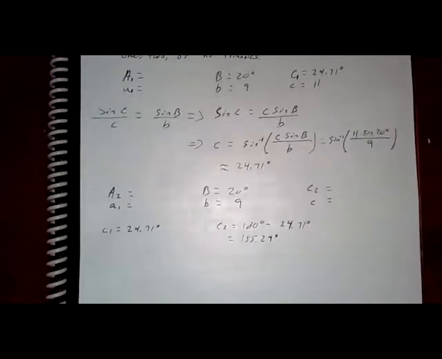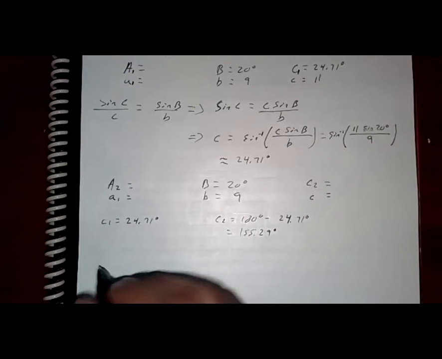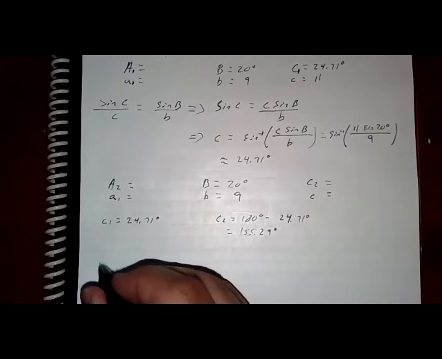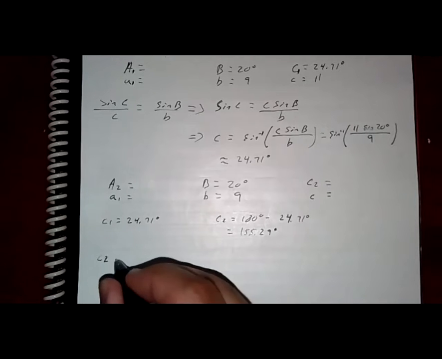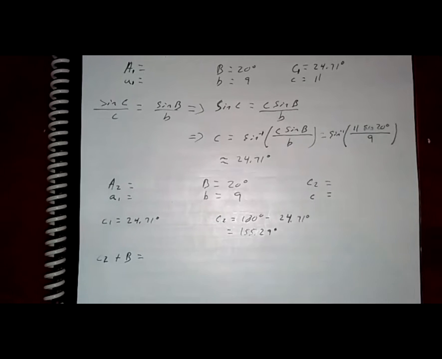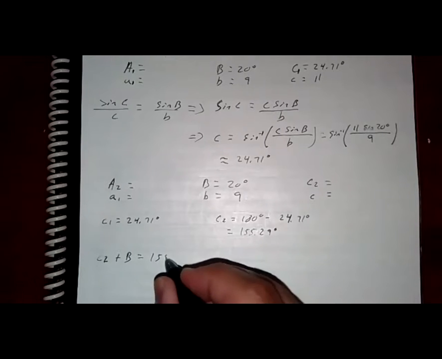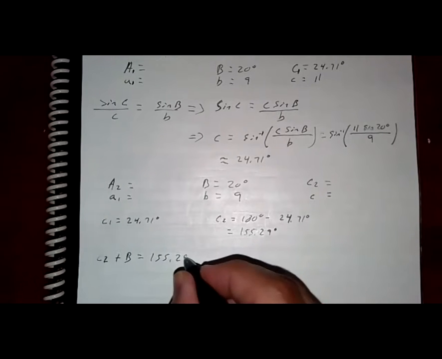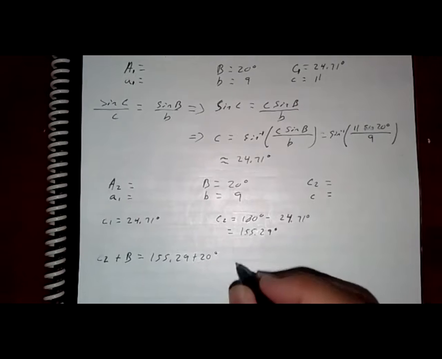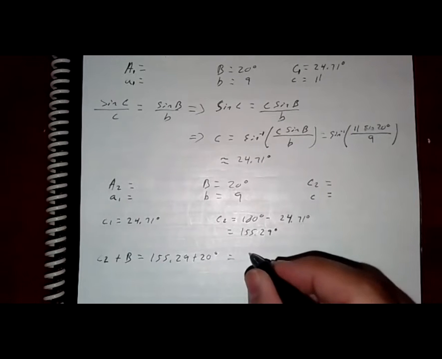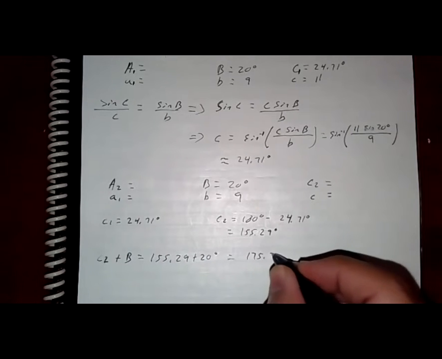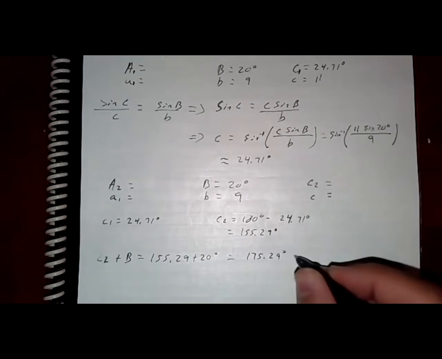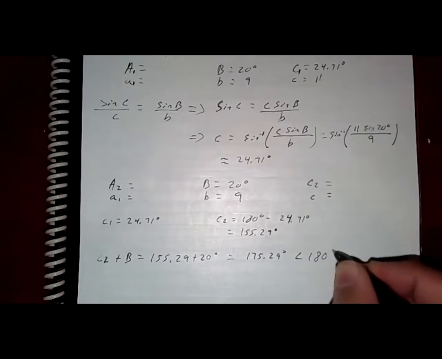Okay. We need to test it, even though I already told you, this is how we test it, right? So you take the angle you were given, so C2 plus B is equal to 155.29 plus 20 degrees, which is 175, right? Which is less than 180.